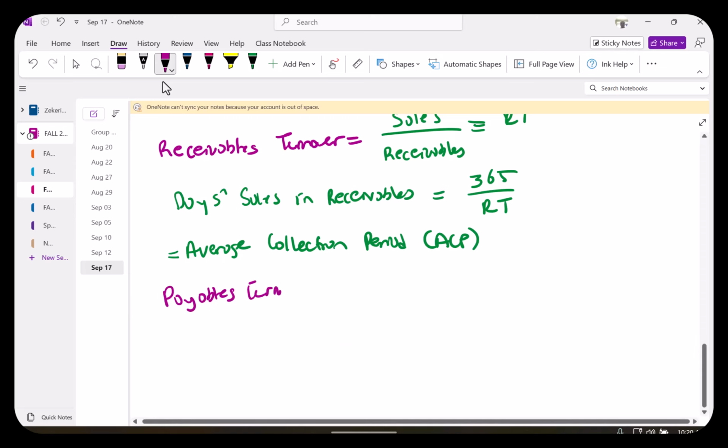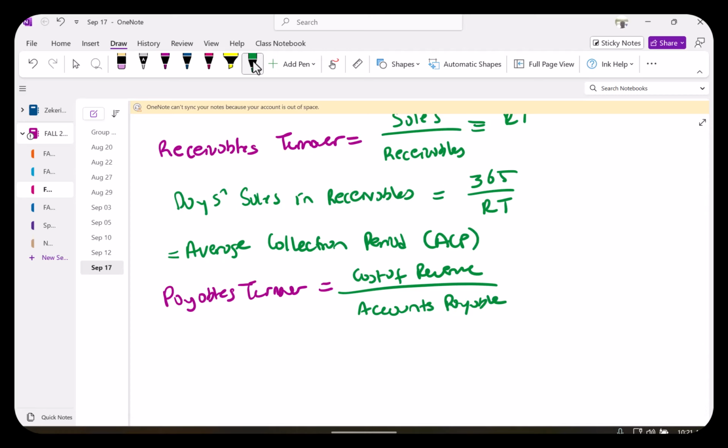Technically speaking, payables are not assets, but I'm still interested in that number. It's cost of revenue divided by accounts payable. These are transactions I made.